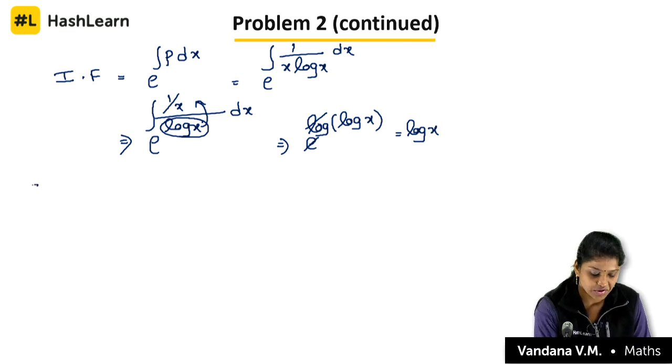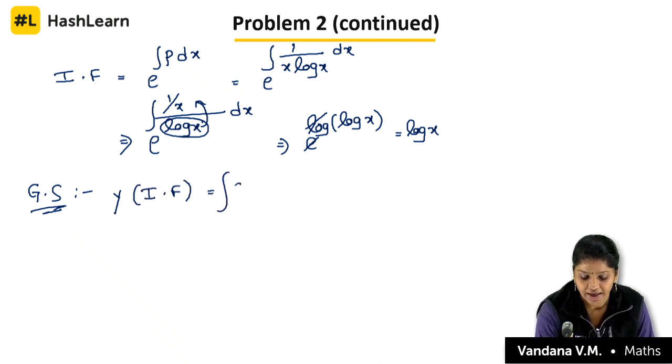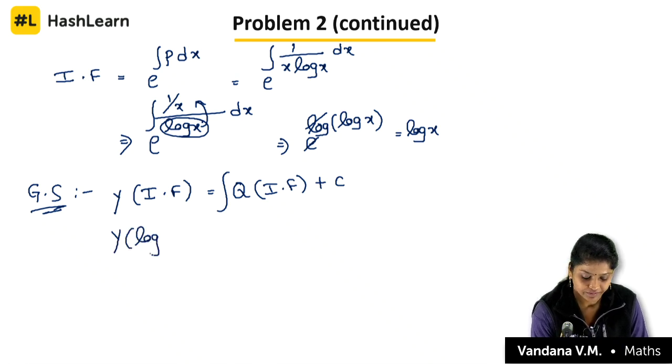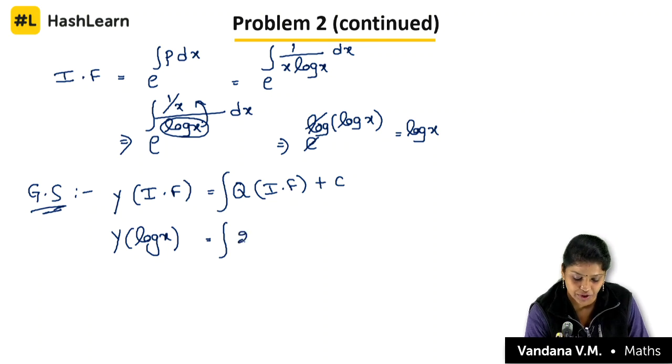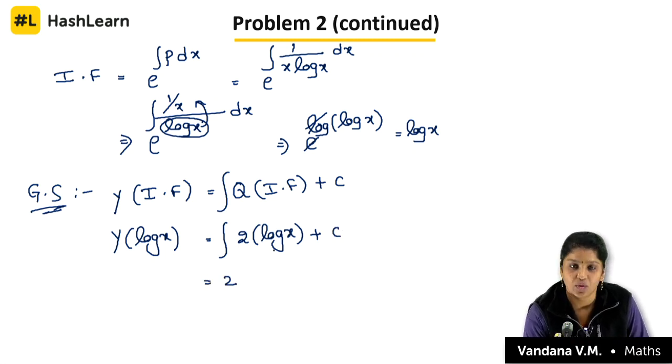What is the general solution? Y into integrating factor is equal to integral q into integrating factor plus c. Now, y into log x is equal to integral q, q is 2, into log x plus c. Many people are giving the answer as the differentiation of 2 into log x.